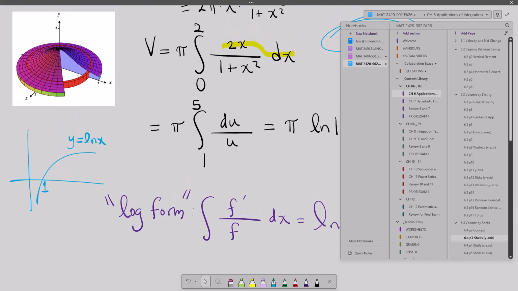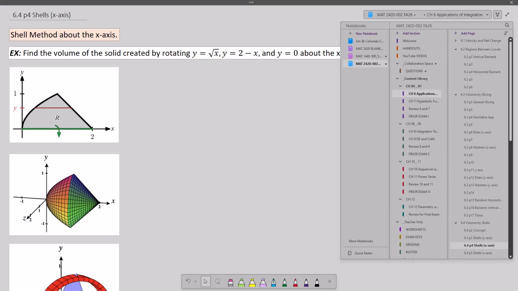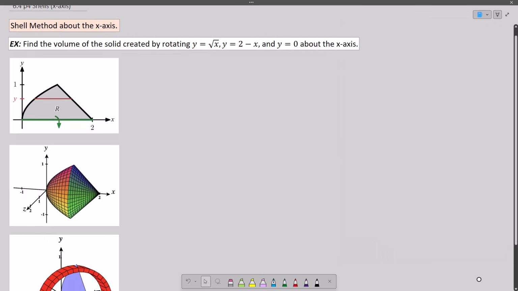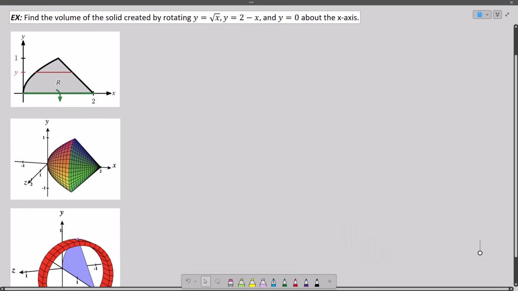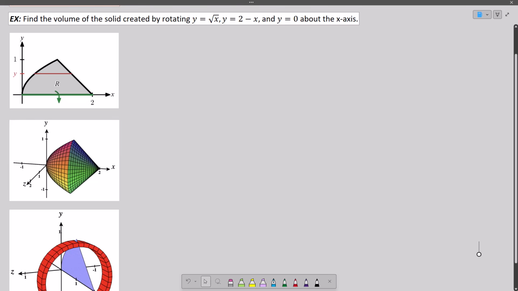All right, let's go to another shell. So this time, we take our region. We're going to rotate it around the x-axis. We're going to create this top-looking thing.